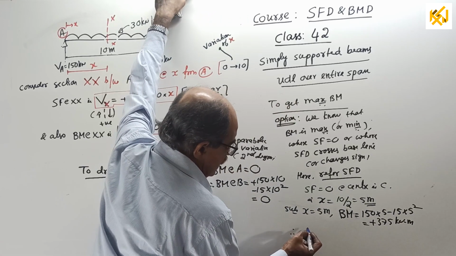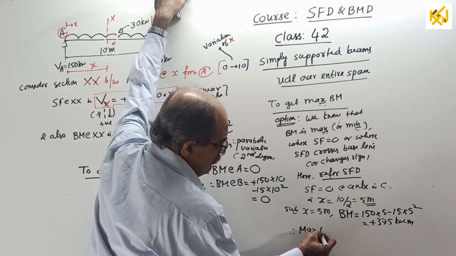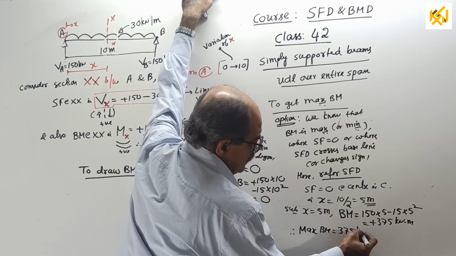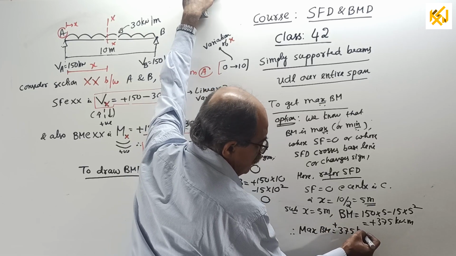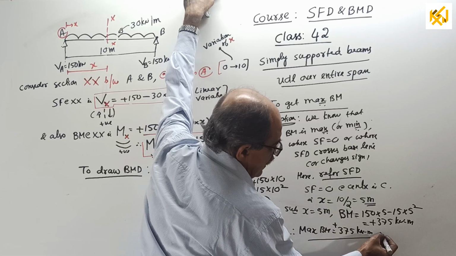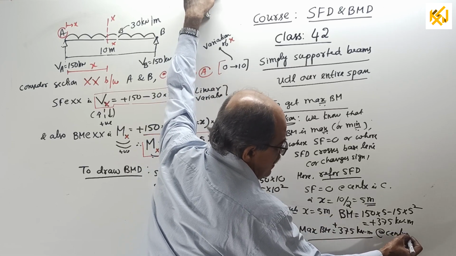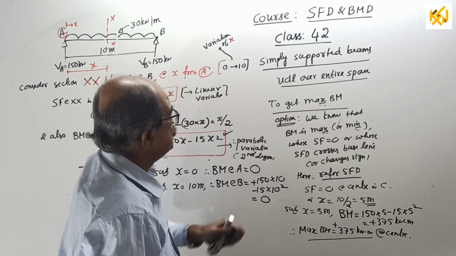So you can tell, therefore, maximum BM will be equal to 375 kilonewton meter, positive, at the center. Over. This is option 1.